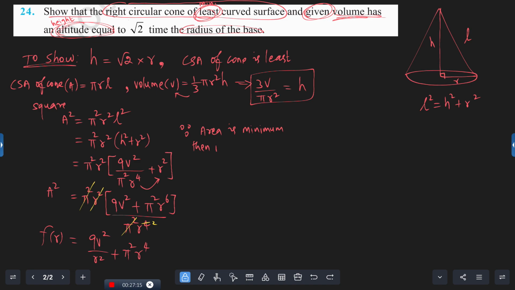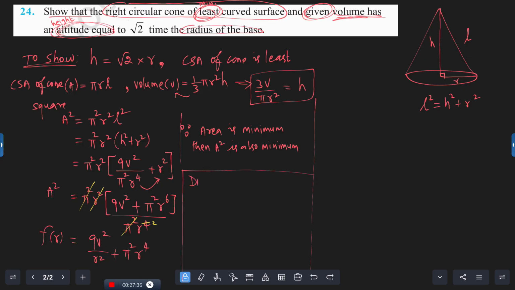Then area square is also minimum, because some people may think that after squaring the answer will change. No, it will not change. It is only for checking minimum or maximum. Right. So this f we have to differentiate.